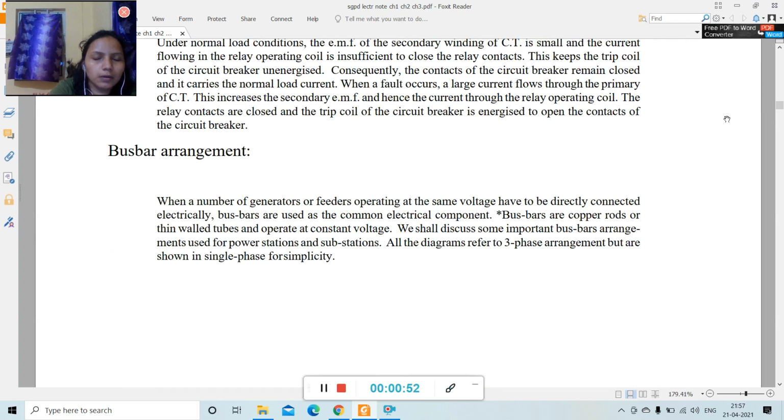First of all, we have to know what is this bus bar. Bus bar is a copper rod or a thin walled tube and operates at constant voltage. So bus bar always remains at constant voltage. When a number of generators or feeders operating at the same voltage have to be directly connected electrically, they are connected to a common electrical component that is known as bus bar.